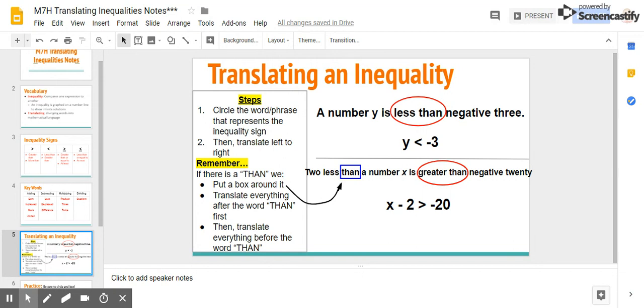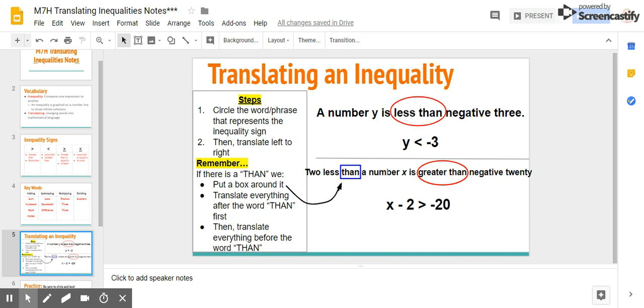Remember though, and we saw this when we were translating expressions and equations, and it's the same thing today when we're translating inequalities. If there is a than, that changes everything. So if there is a than, we're going to go backwards. So we're first going to put a box around it. So like right here, we box the word than. Then we're going to translate everything after the word than first.